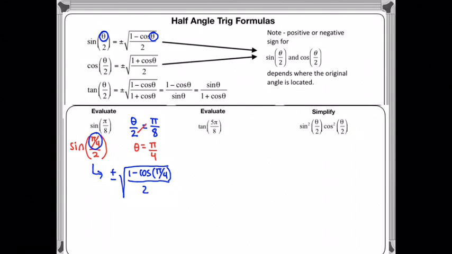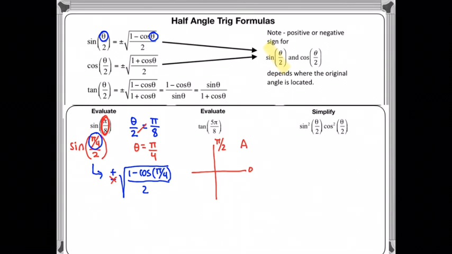Now we have the plus or minus sign right here, so we want to pay close attention as we simplify. The original angle is pi over 8, and it has to fall in the first quadrant, because it's between 0 and pi over 2. So therefore it's going to be positive, so we can drop the negative sign and proceed from there.